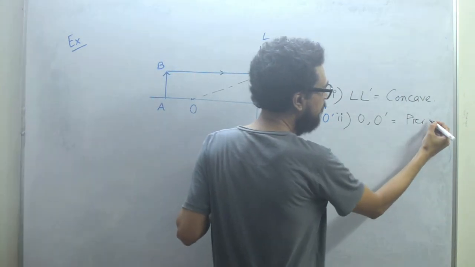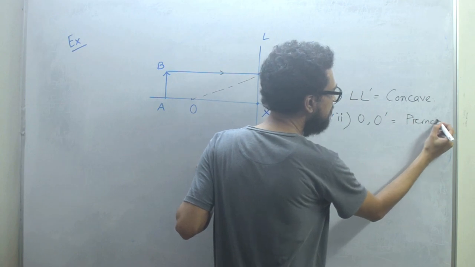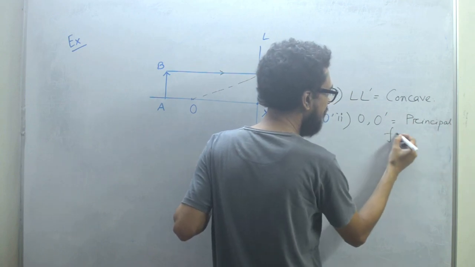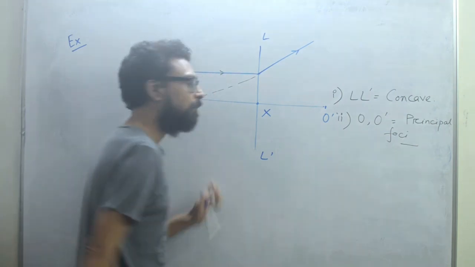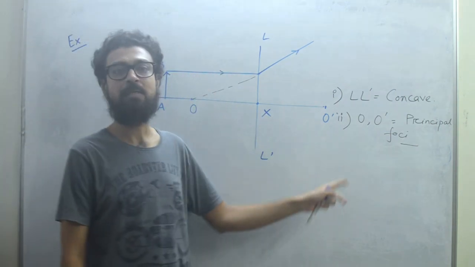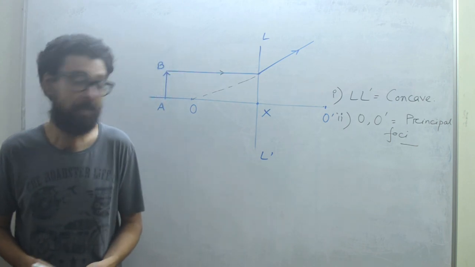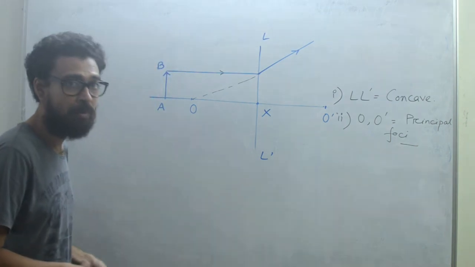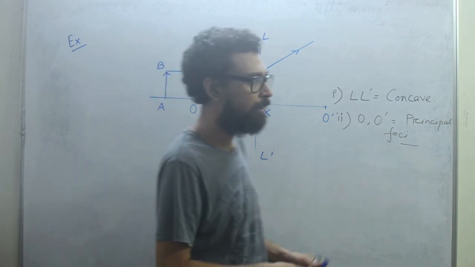So in one word, we can say these are the principal foci, because it's plural. There are two foci, the principal focus and the secondary focus, and together they are called principal foci. Even if you write foci, that's enough.